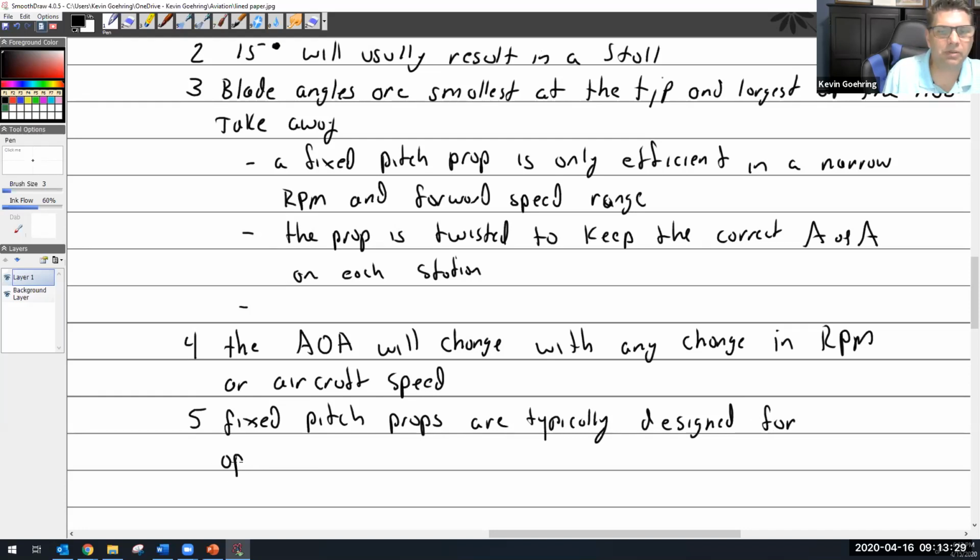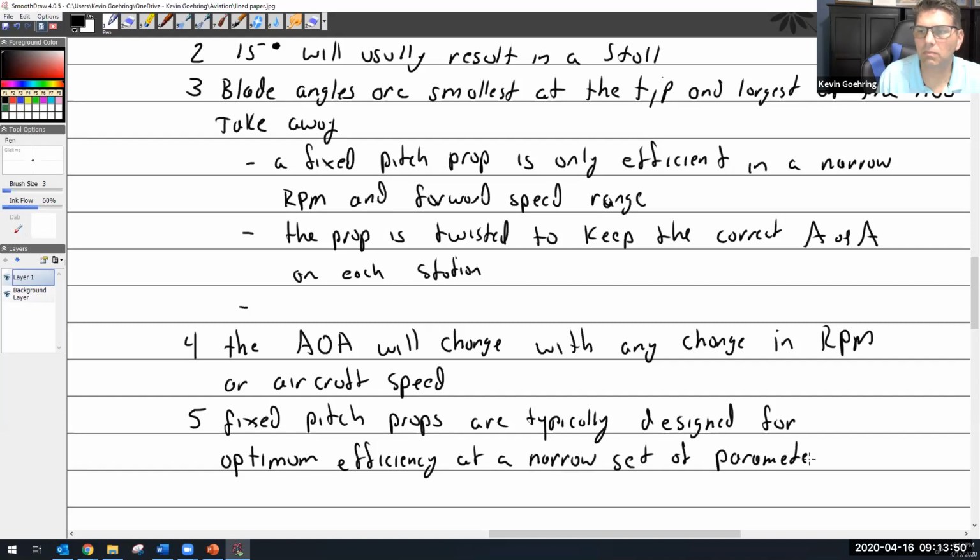For optimum efficiency at a narrow set of parameters. And then again, and I already mentioned this once, ideal angle of attack is 2 to 4 degrees.